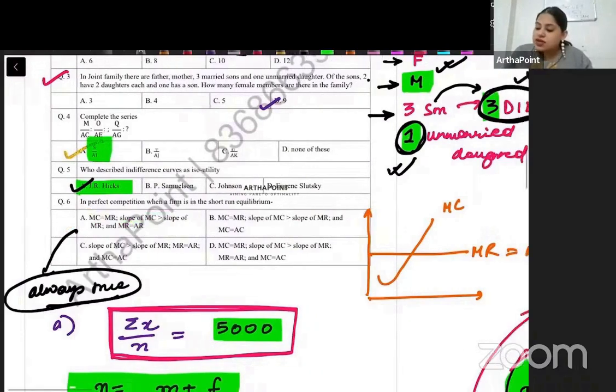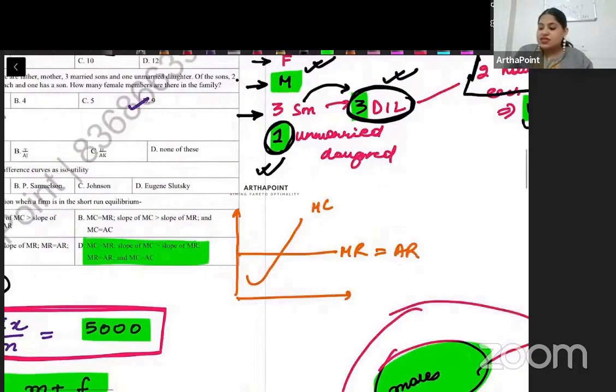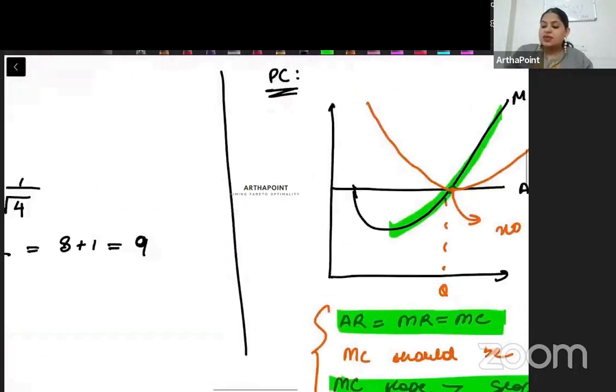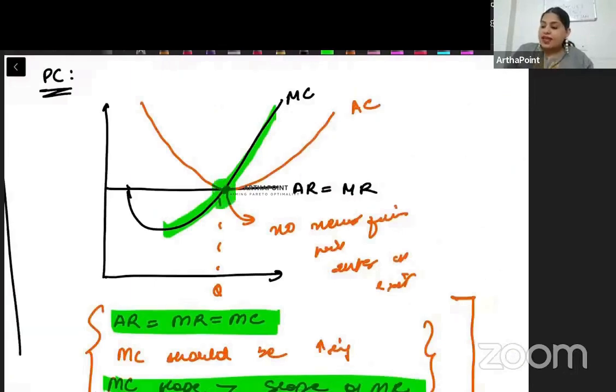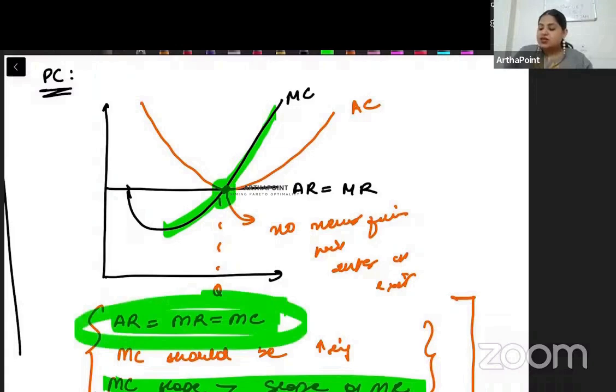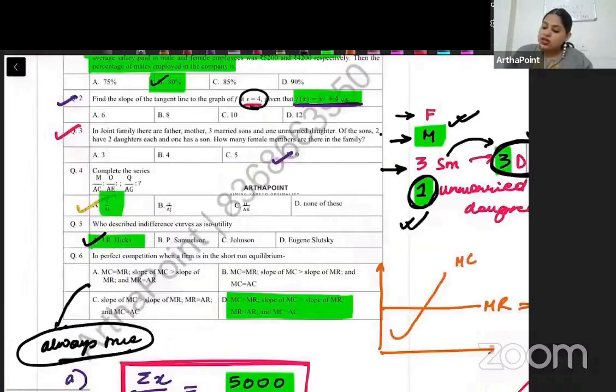They've also given me this condition that MC and AC are equal. And MC is equal to AC only when AC is at its minimum. And at that point, P is also equal to MC because of this condition. So the final answer should be D, where all these four conditions are thoroughly satisfied.